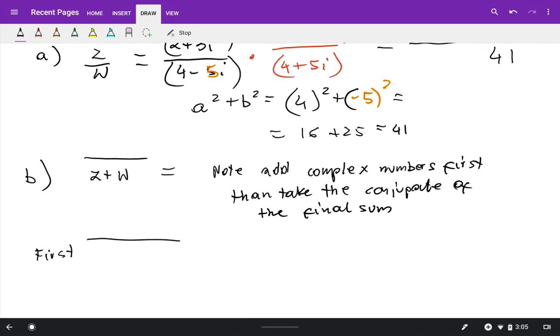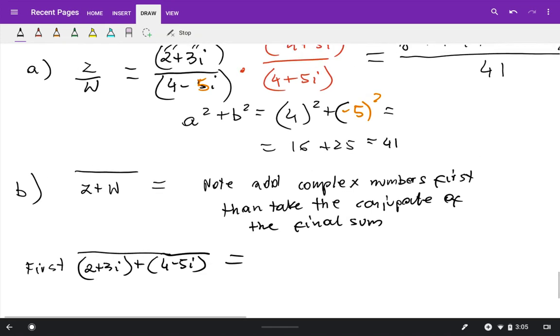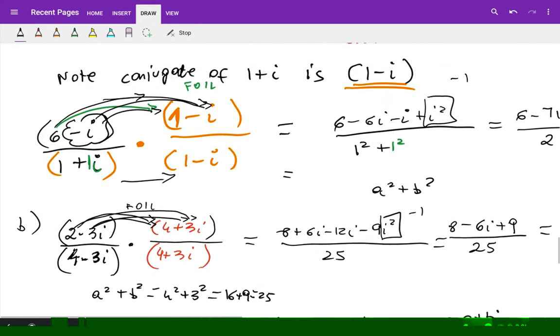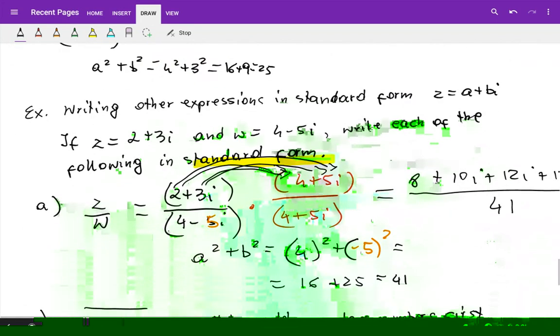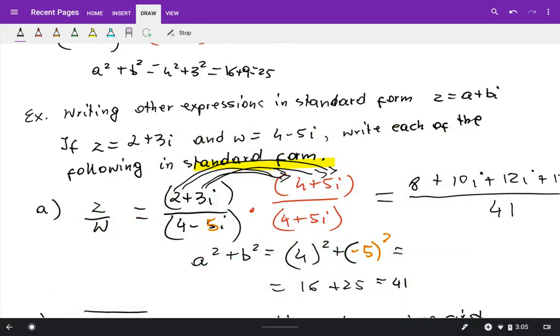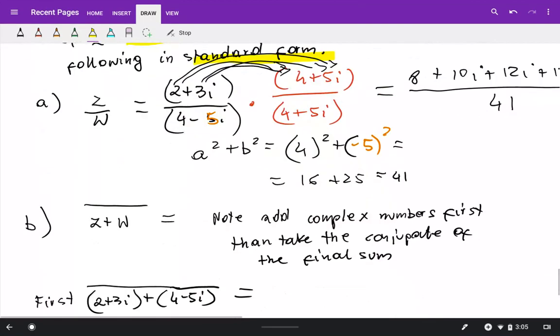So z is 2 plus 3i, w is 4 minus 5i, and then we'll have to take the conjugate. Again, don't forget where I'm taking that from here: z is equal to 2 plus 3i, w is equal to 4 minus 5i.